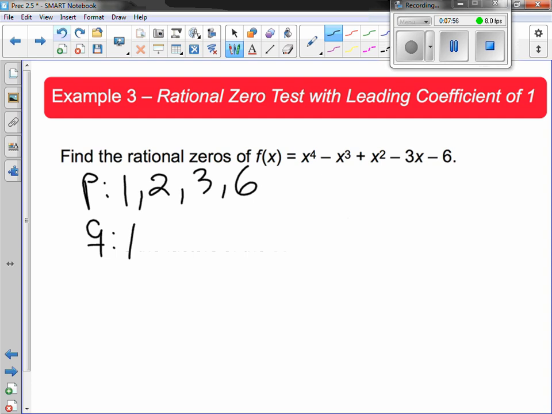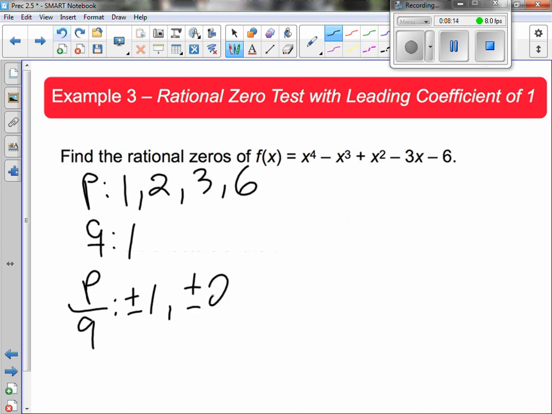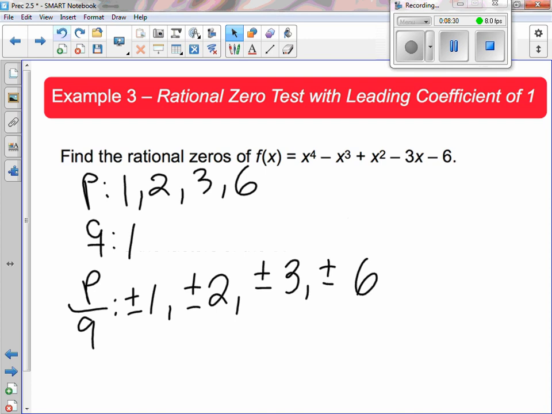We list out the factors. Now we have p over q. So let's start with 1 and 1, so we have plus or minus 1. 2 over 1 is plus or minus 2. 3 over 1 is plus or minus 3. And plus or minus 6. So these are our rational zeros: plus or minus 1, plus or minus 2, plus or minus 3, plus or minus 6.